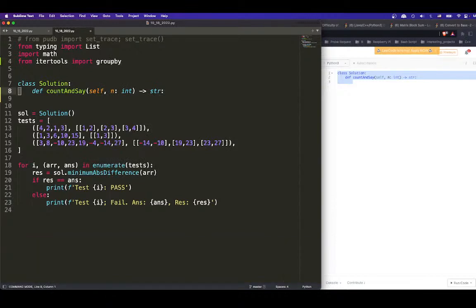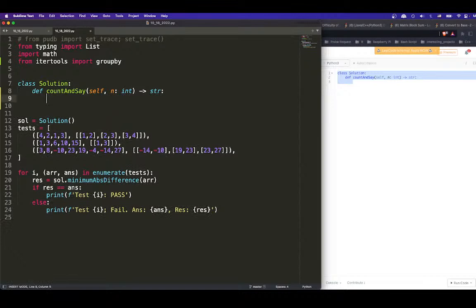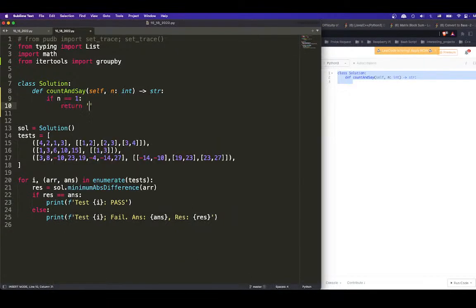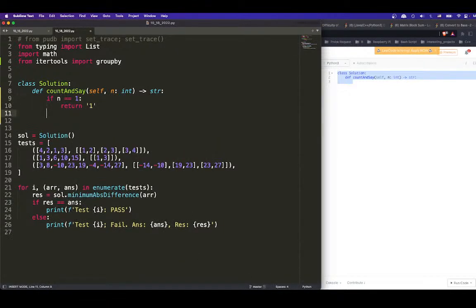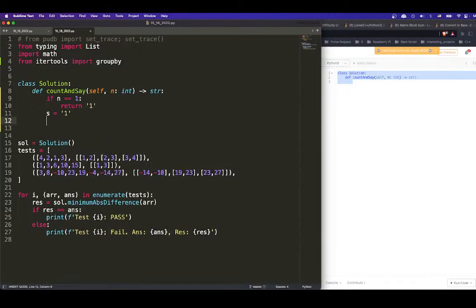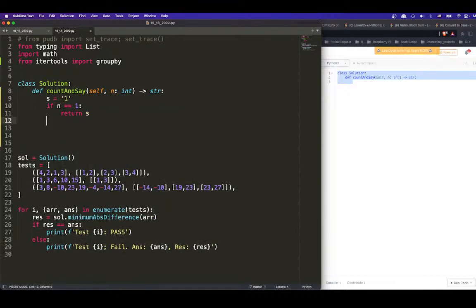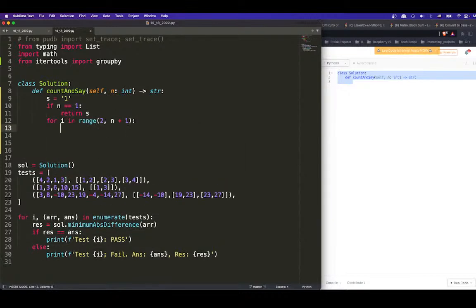Right? Then we say, okay, if n equals 1, return 1, okay? And then s equals 1. Now I can do this. S equals 1, now I return s. Right. And then for i in range 2 to n plus 1, we're going to do group by s. Right?